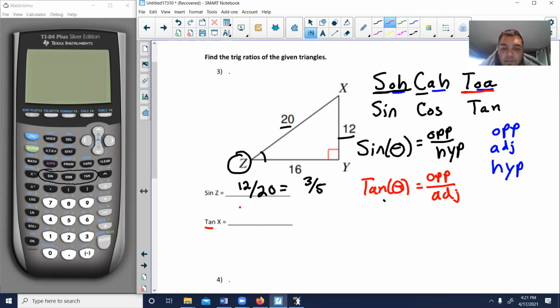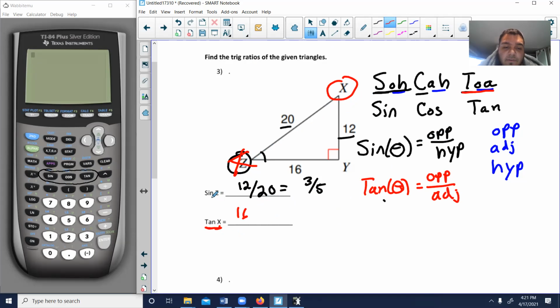Opposite is going to again be 12. We already knew that actually from the side. Oh, I'm sorry. Refresh. This is tan of X. You've got to be careful. So now I'm not standing here anymore. I'm standing here. So you've got to make sure you stand at the right place. So tan of X, when I say opposite of X, that's going to be 16.